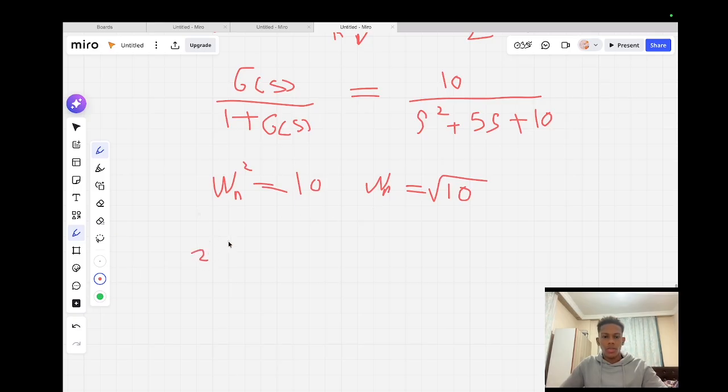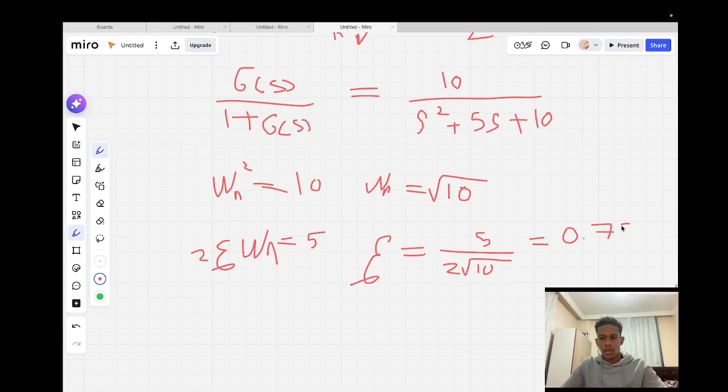And 2 multiplied by the damping ratio multiplied by omega n equals 5. So the damping ratio equals 5 over 2 multiplied by square root of 10. It's equal to 0.79.